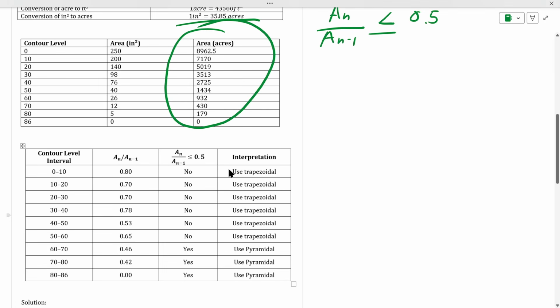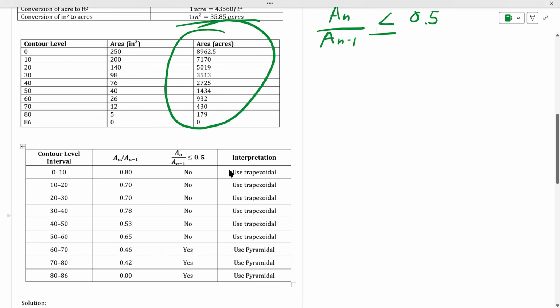I already provided the contour level interval. This is the following interval. The values of A sub n over A sub n minus 1, and whether it satisfies the condition. Is it less than or equal to 0.5? So yes or no, and then the corresponding interpretation for each contour level interval.